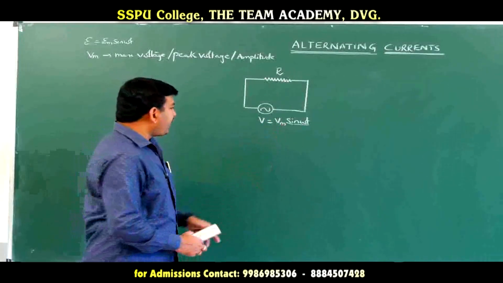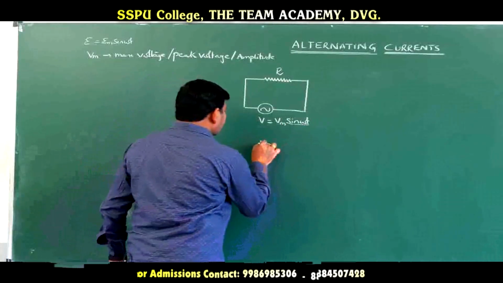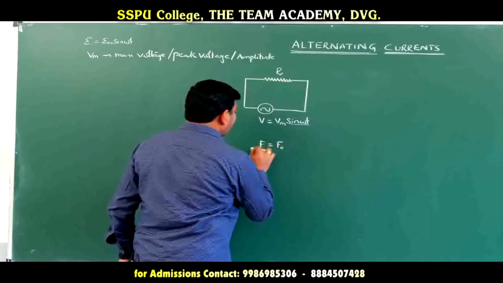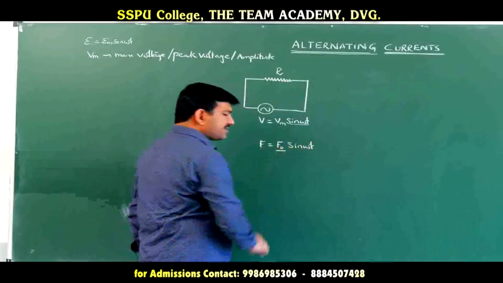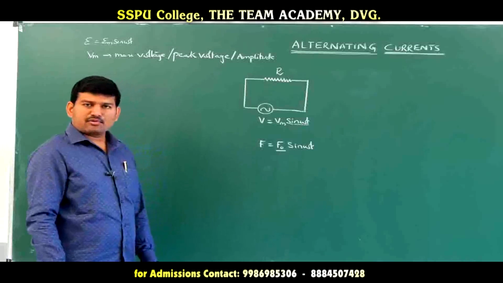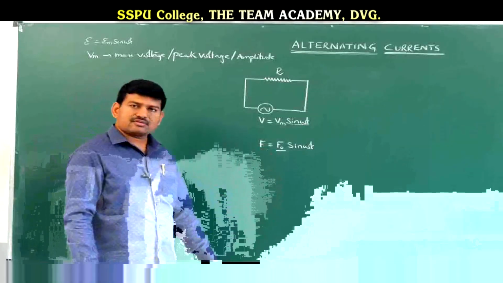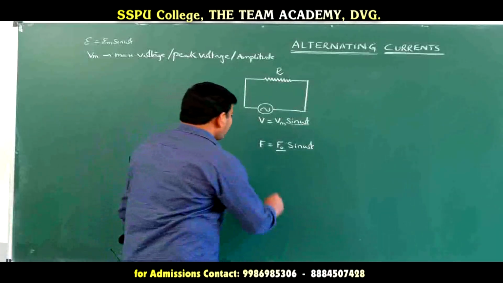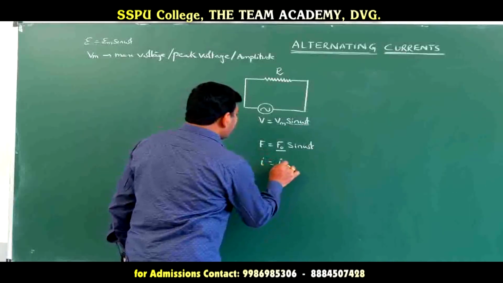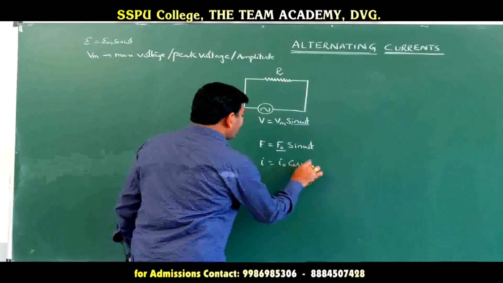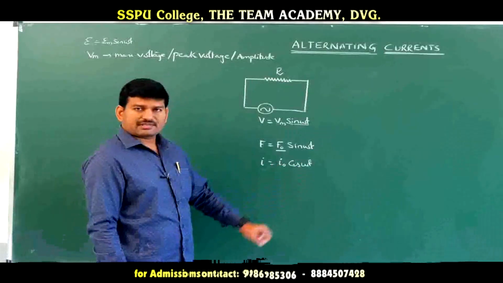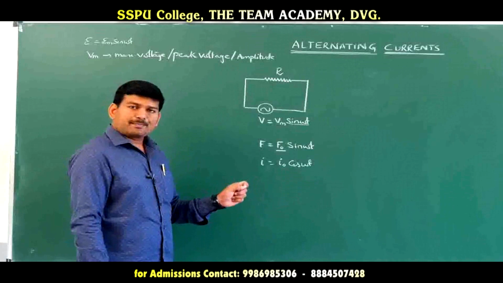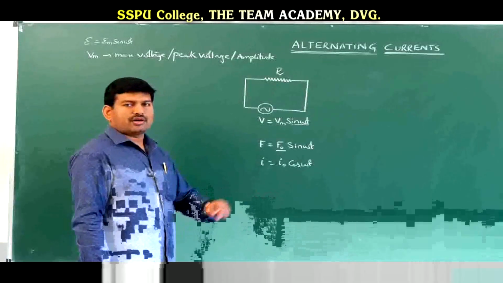Is it clear? If I have written that there is a force periodically varying given by F is equal to F naught sine omega t, then this F naught is said to be the maximum amount of force or the peak value of force or the amplitude of force. Suppose I have written I is equal to I naught cos omega t, or sin omega t, whatever it might be. I being the current, this I naught represents the maximum current or the peak current or the amplitude of current.